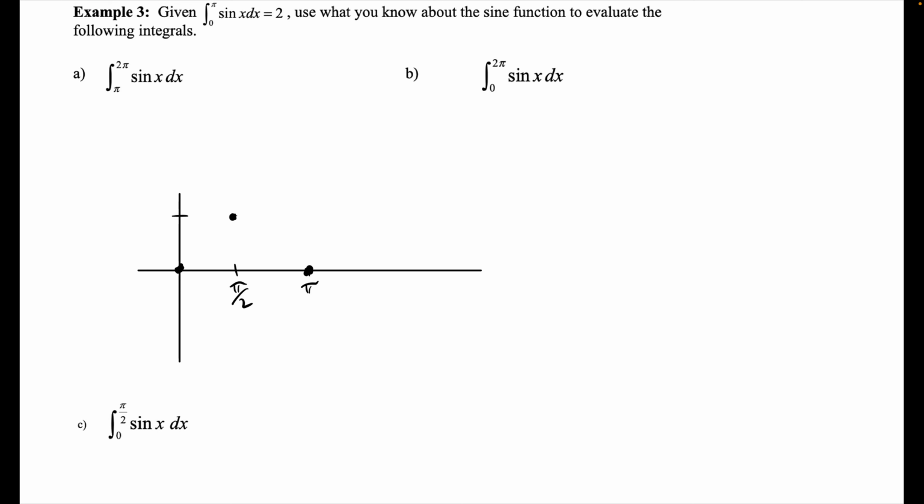And then sine of 3 pi over 2 is negative 1. And then 2 pi is the same as 0. And then the sine curve looks like this.